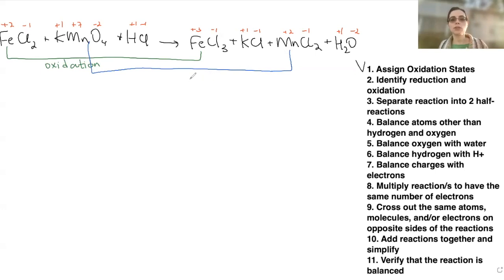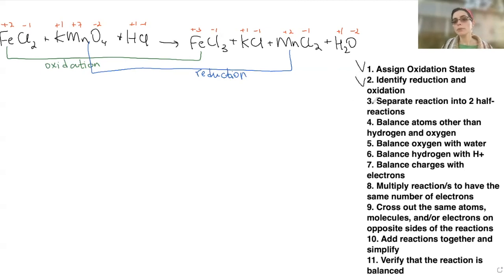A decrease in oxidation state is reduction, because we are gaining electrons, and if you gain electrons, you gain negative charge, so you become more negative or less positive. So +7 to +2, you are becoming less positive or more negative. So that's reduction. And so we've done that.